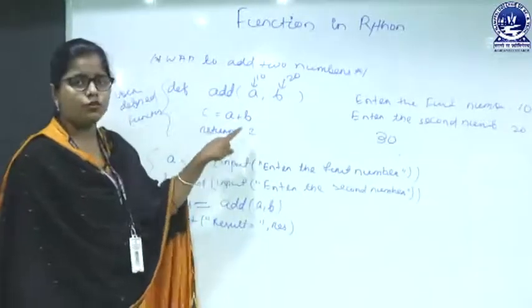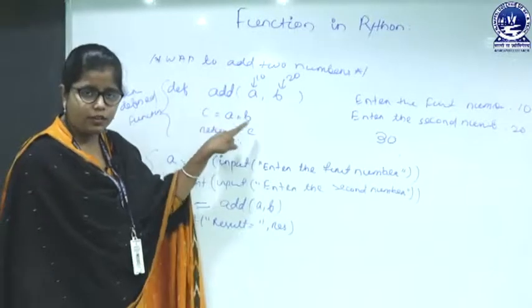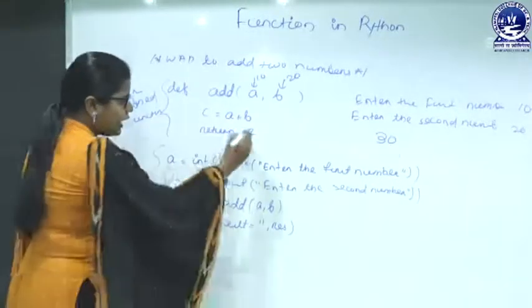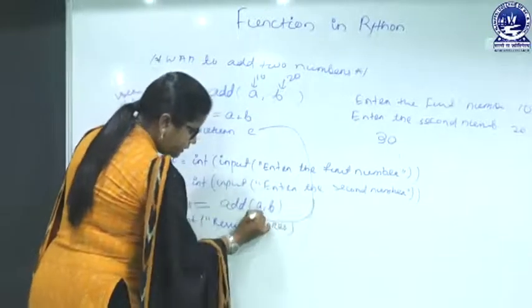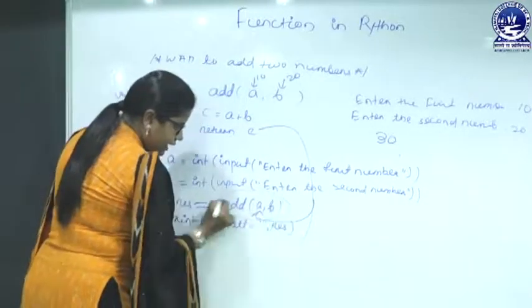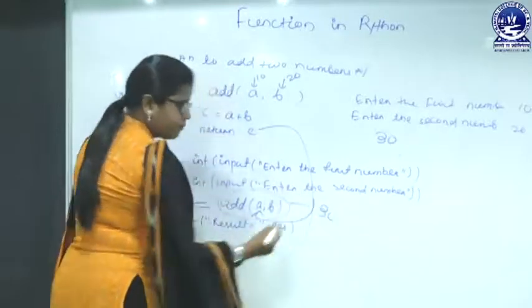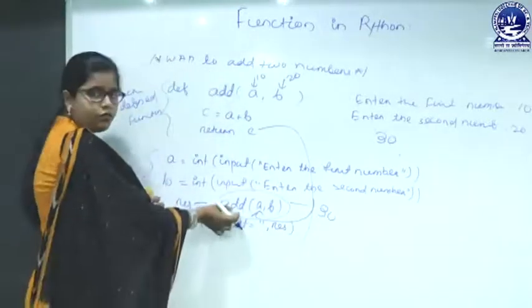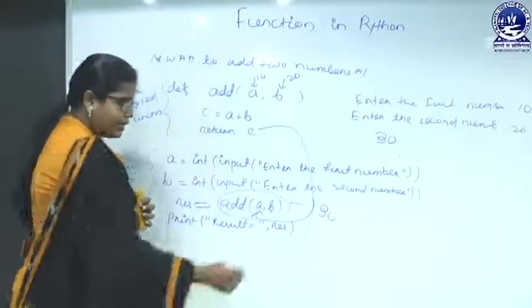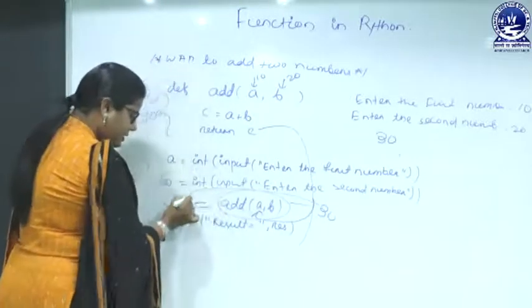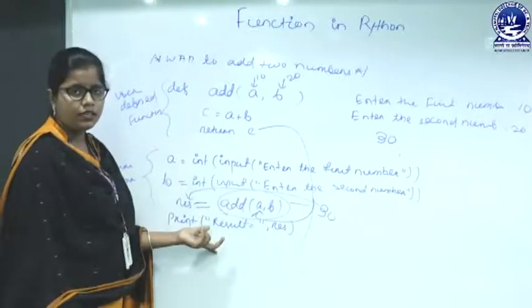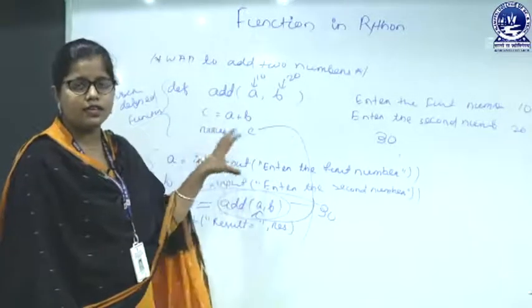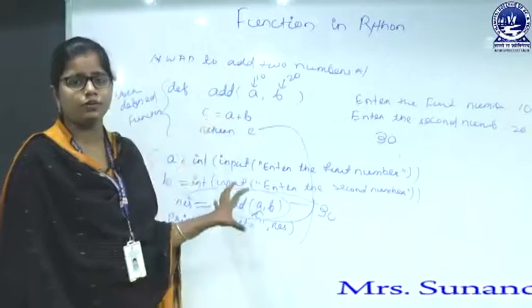Return C. When we are returning the value of C, that is 30, that 30 will come to here. After executing the add function, this value is 30. Now, this 30 will be assigned to this result variable. So, result will be 30. This is how we can return a value from the function to the calling function.